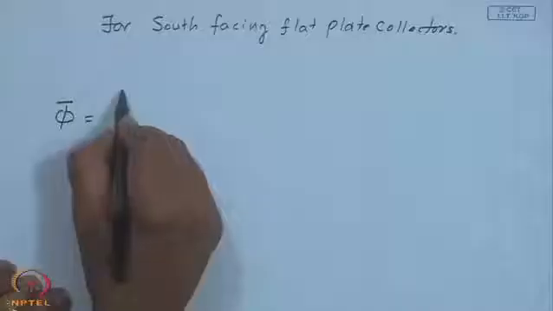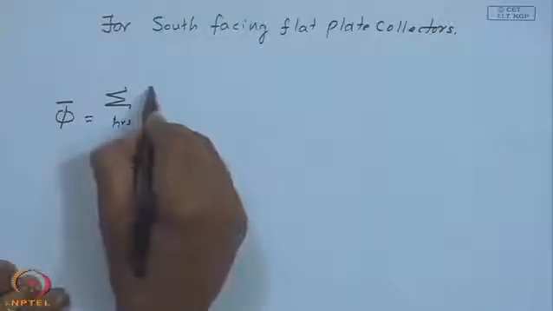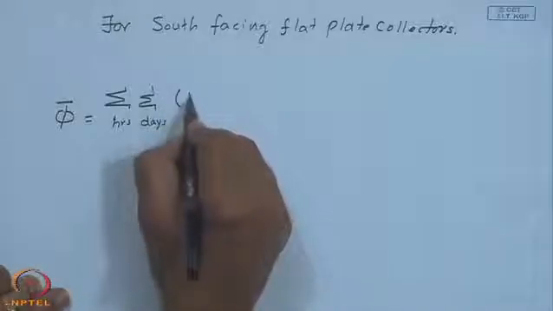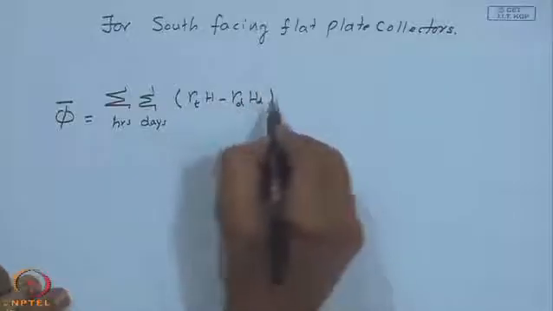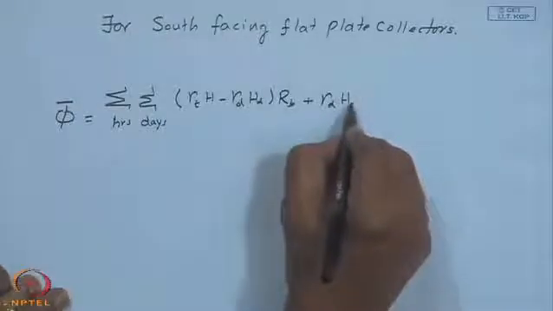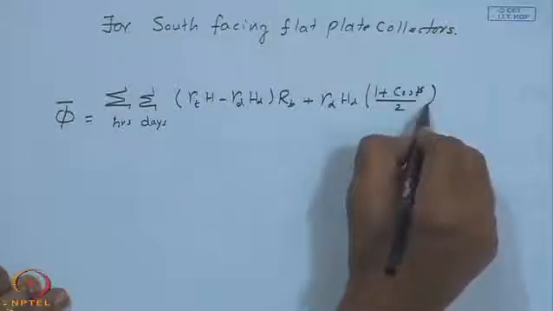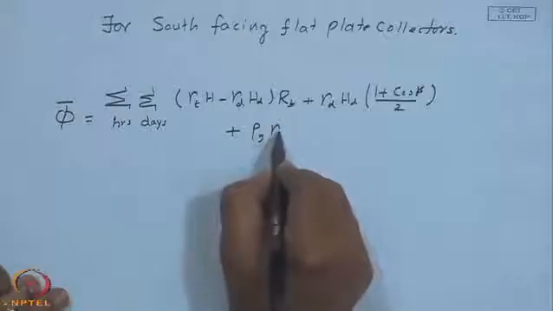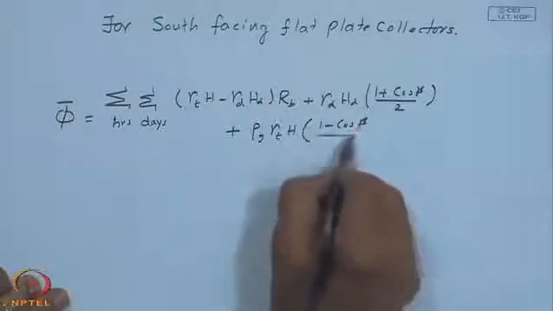However, I shall write it down here: summation over hours, over days, R t into H minus R d into H d times R b, plus R d H d times 1 plus cos beta by 2, then plus rho g R t into h into 1 minus cos beta by 2.